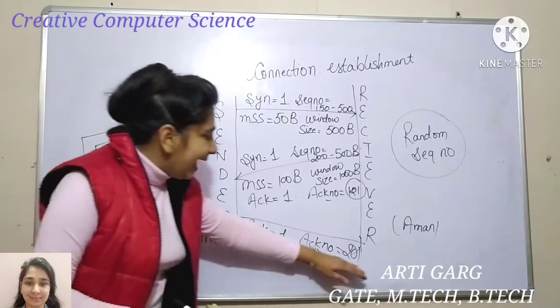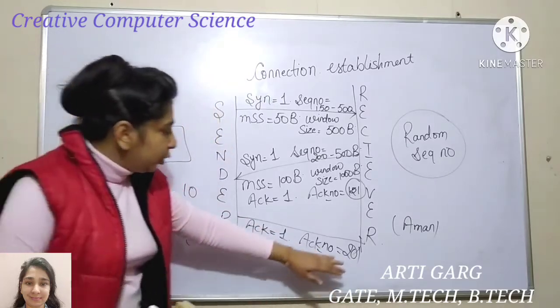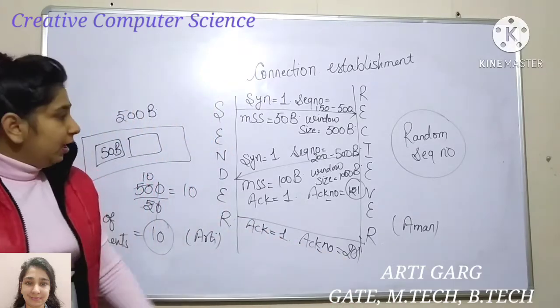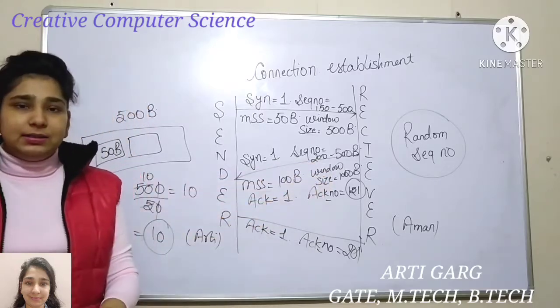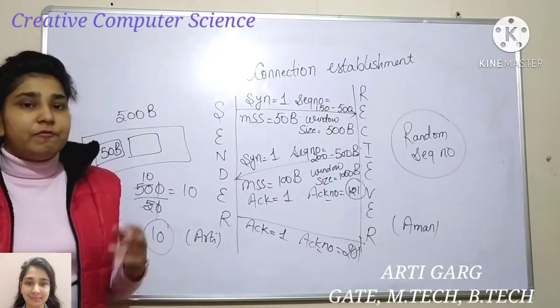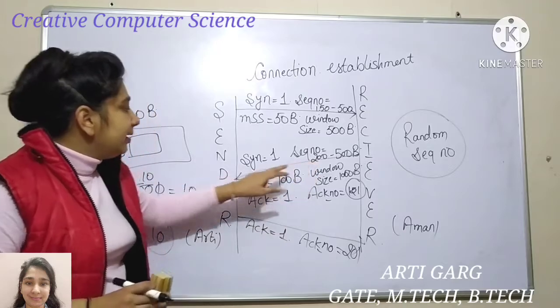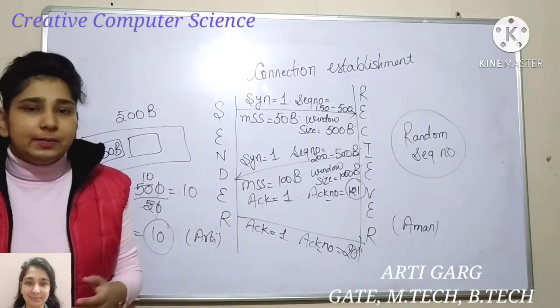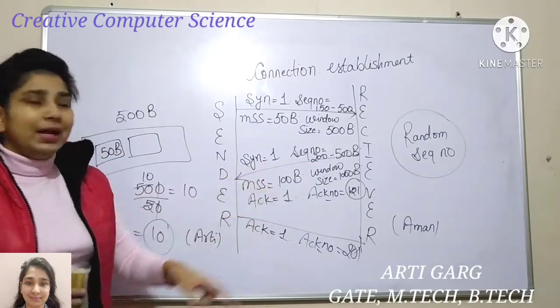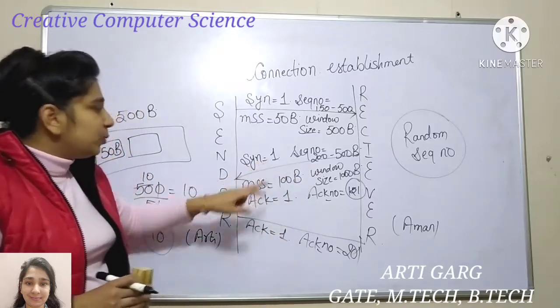Okay, I expect this byte 201 from you, because this sequence number 200, the first byte sequence number, is consumed by the SYN field. This 1 byte of data is consumed by this.